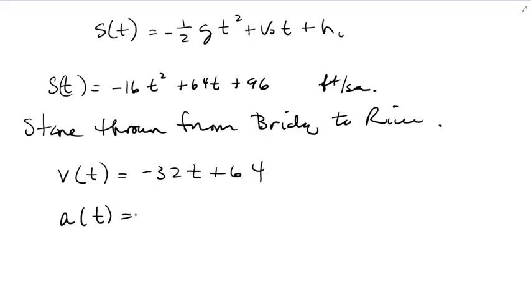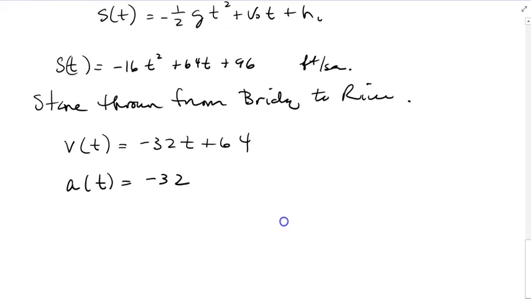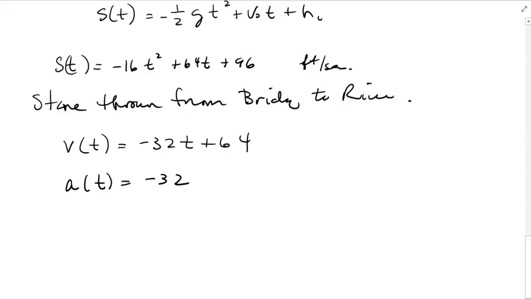Once gravity acts on it, velocity actually changes at a constant rate. So acceleration itself is a constant, and in this case, it's just -32. So there's a lot of different questions you can be asked, and like I said, you have actually done problems like this before, and I'll go over that a little bit.